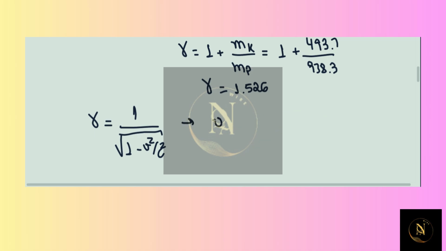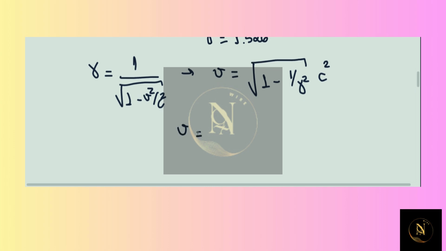And from this, we can obtain that v is the square root of 1 minus 1 over gamma squared, times c. There's no square here, sorry for that. So v is equal to 0.755 times the speed of light, c.